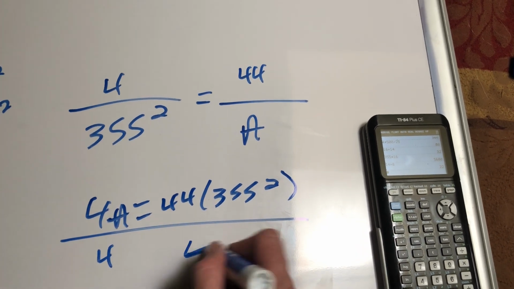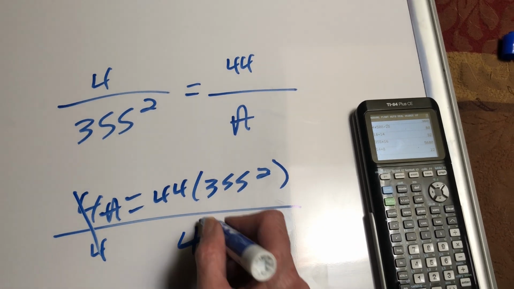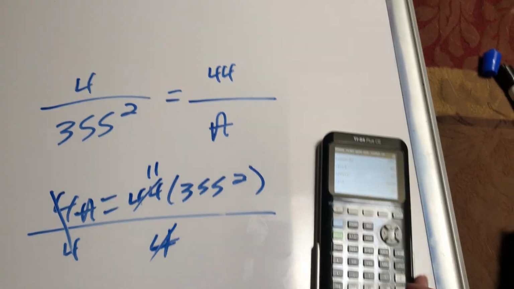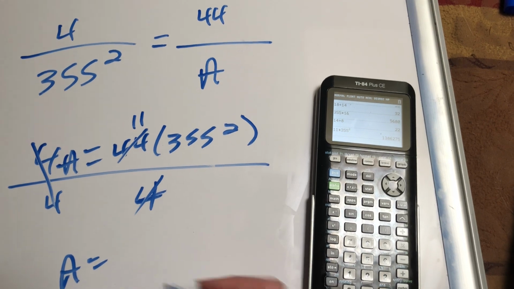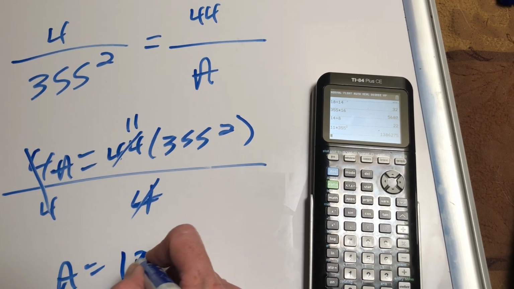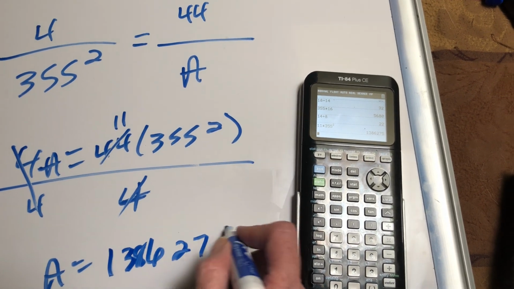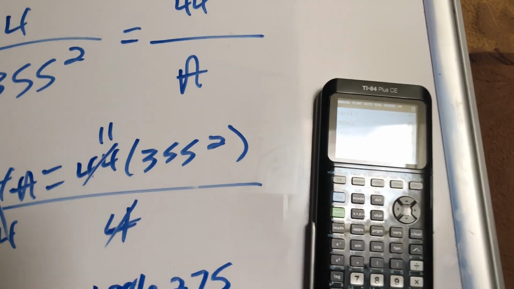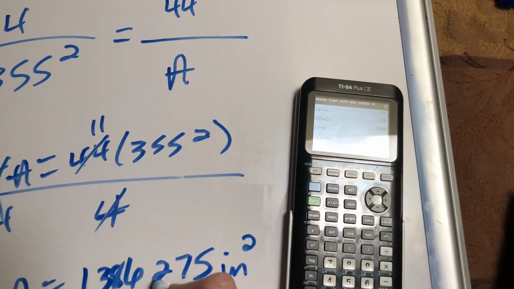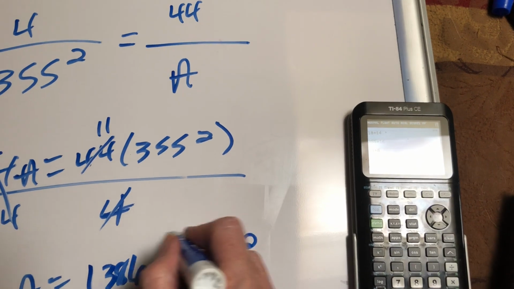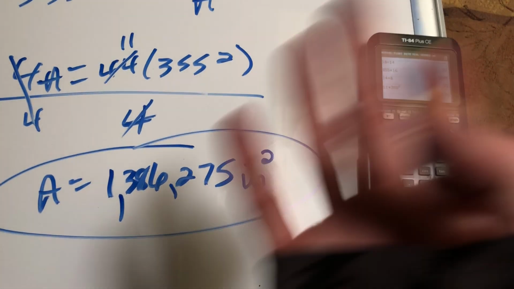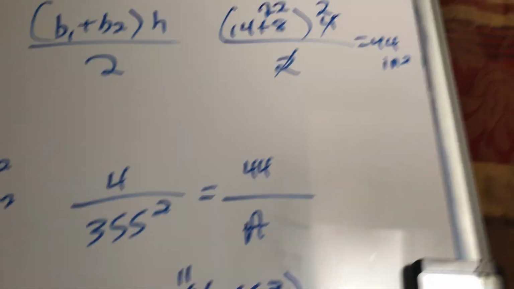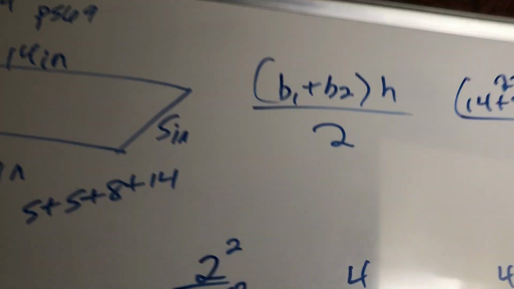Divide by 4. So 4 goes into 44 and leaves 11. So I'm just going to do 11 times 355 squared and get 1,386,275 inches squared. And that's where we're going to leave it. We're not asked for feet, so there's no reason to put it in feet. We're just asked for the actual area, which is a lot of inches, but it doesn't tell us we need to change it, so we're not going to change it.